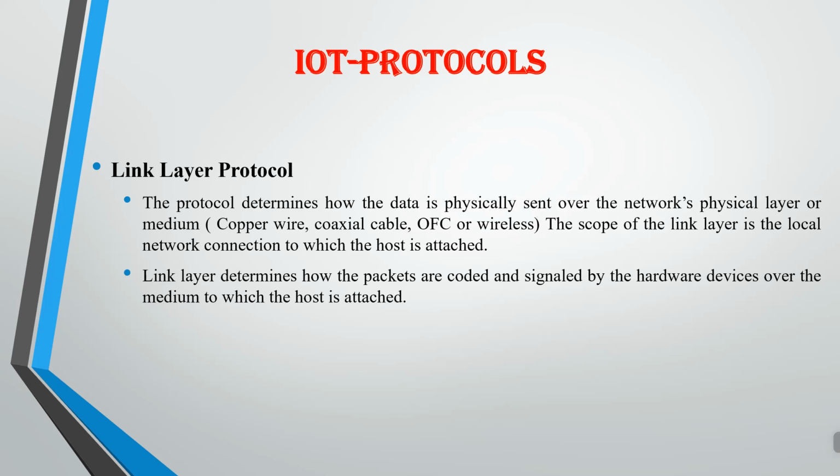Earlier to that, we were using a different type of communication over a small network with the help of the coaxial cable. And currently, we are well versed with the fast communication with the help of optical fiber communication or wireless communication.